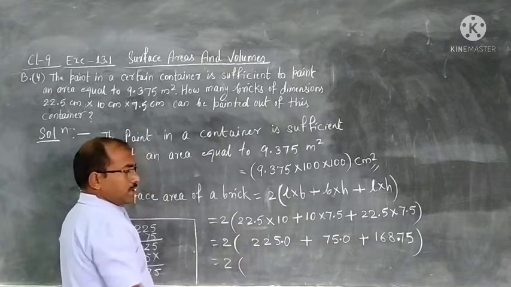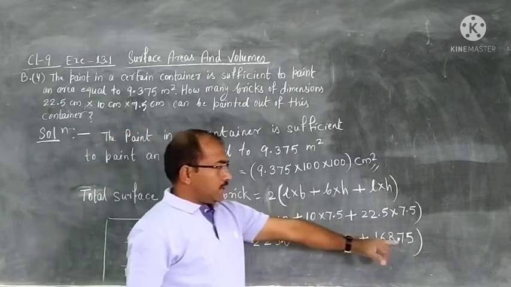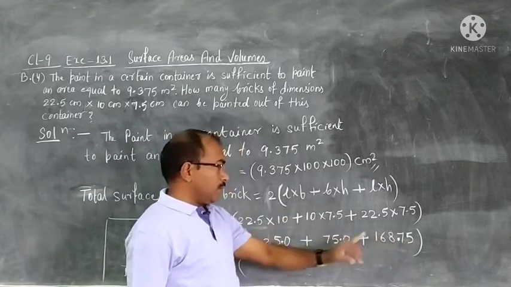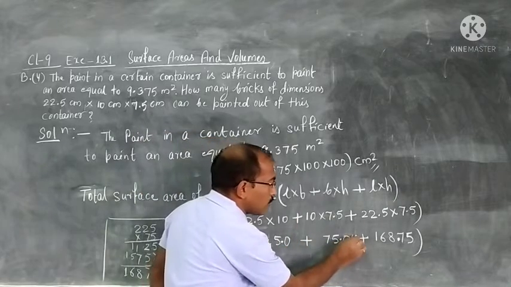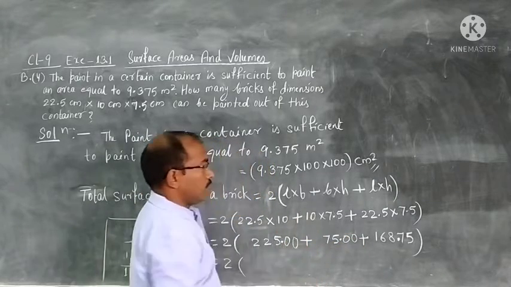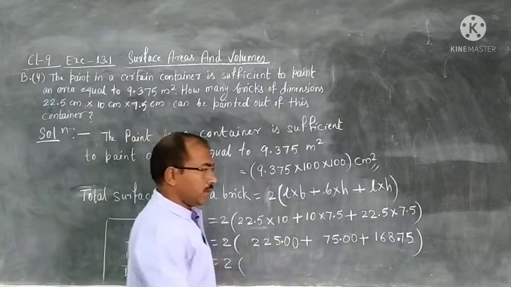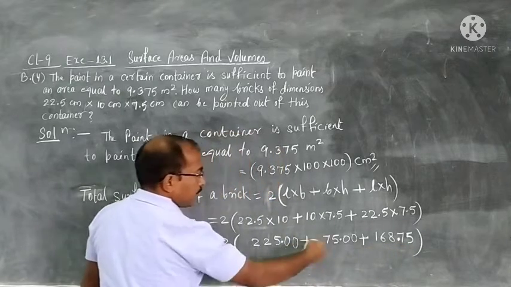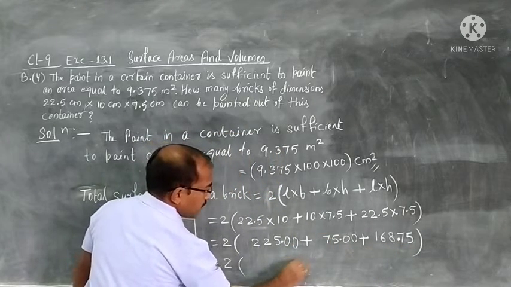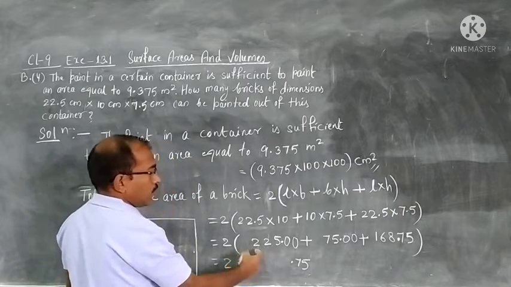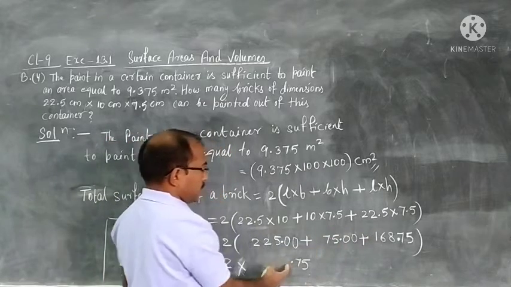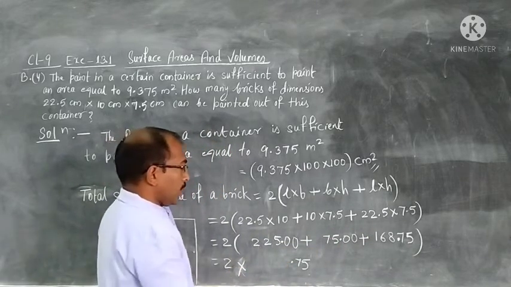Now we need to add. So for adding, what shall we do? This number has 2 decimal places and here only 1 decimal place, so we just put one more 0. For adding it will be easy that way. So we get before decimal 0.75. We can use here the multiplication sign. Now we are going to add, and we get a single number here.